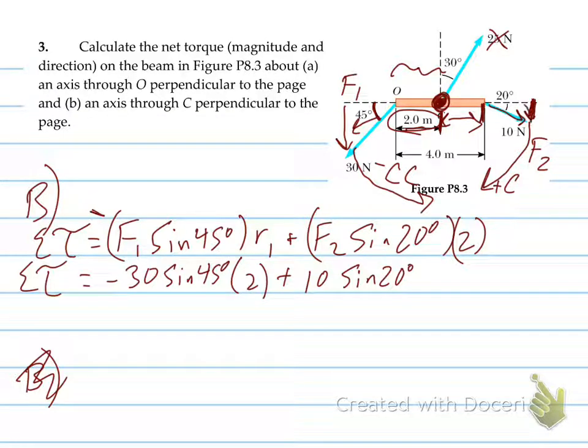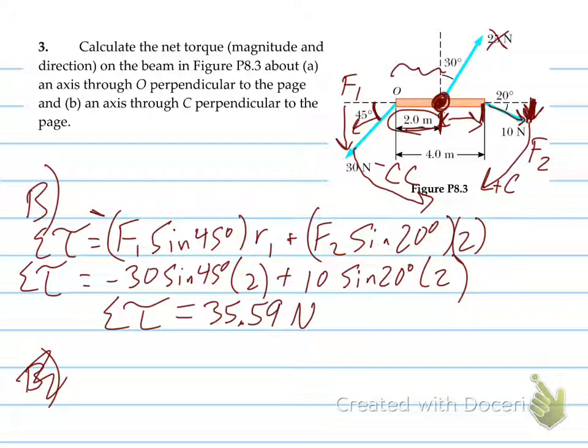Again, we just want the y component, so that's why that sine 20 is in there. And it is a distance of 2 meters away. When you plug all that into your calculator, you get 35.59, and it is torque, so it's newtons times meters. And that is it. That's number 3.